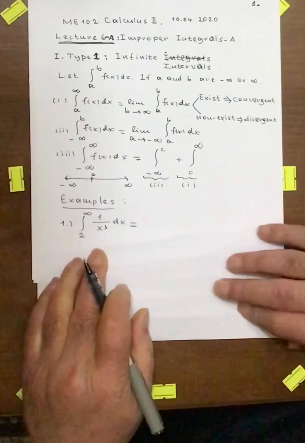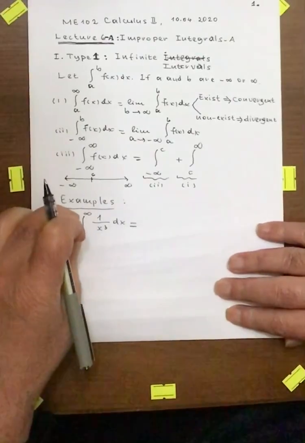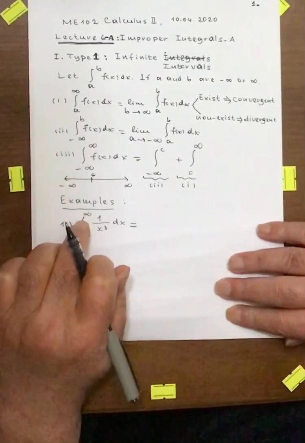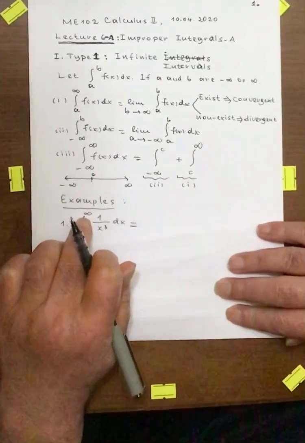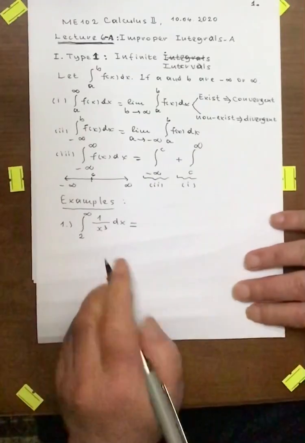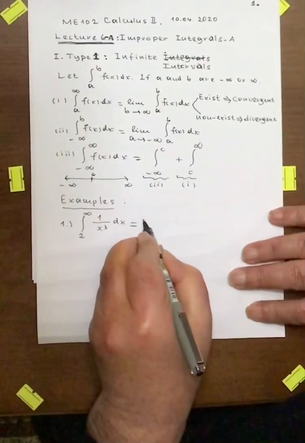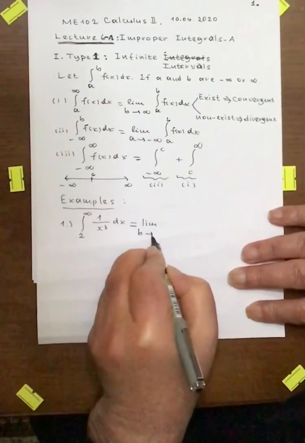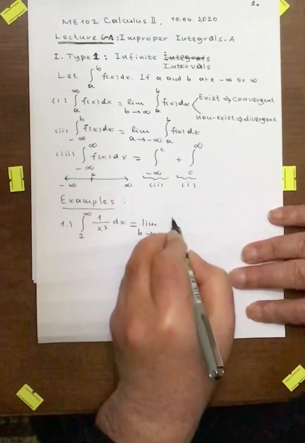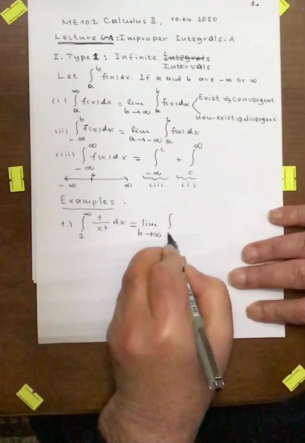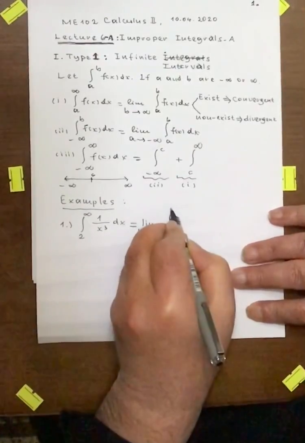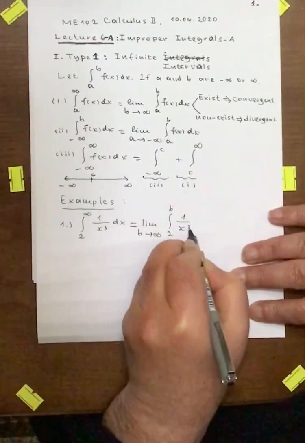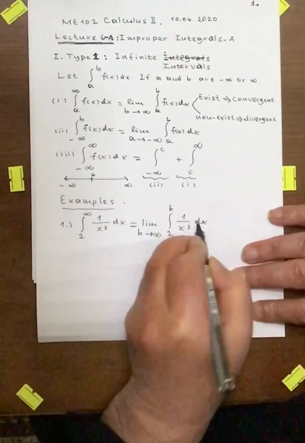Now, as you can see, we have an infinite integral. Our upper limit is infinite. Then we can write limit b goes to infinity integral from 2 to b 1 over x cube dx.